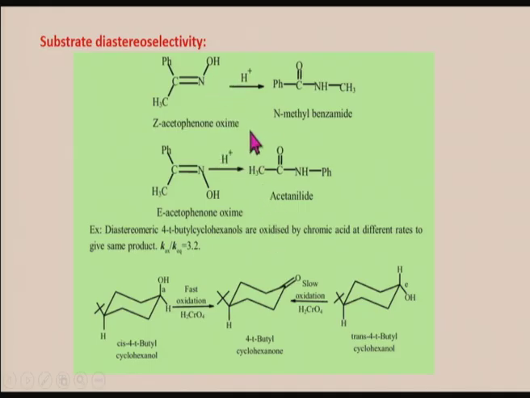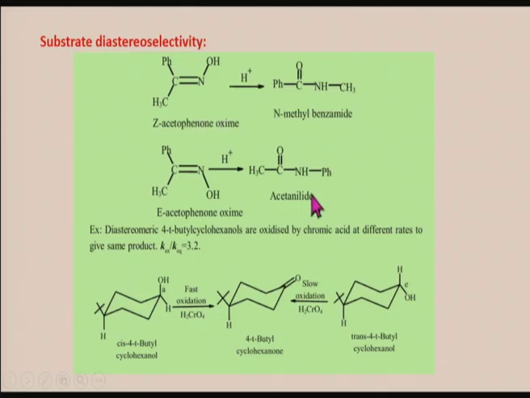And substrate diastereoselectivity, where here also when the two diastereomers are available, in that case if the reagent selectively selects the one diastereomer, then it is called the diastereoselectivity here, right. So, in this particular acetophenone oxime, the Z isomer gives N-methylbenzamide and the E isomer is giving the acetanilide, where the proton, right, this reagent is more reactive with this particular E isomer than Z isomer.